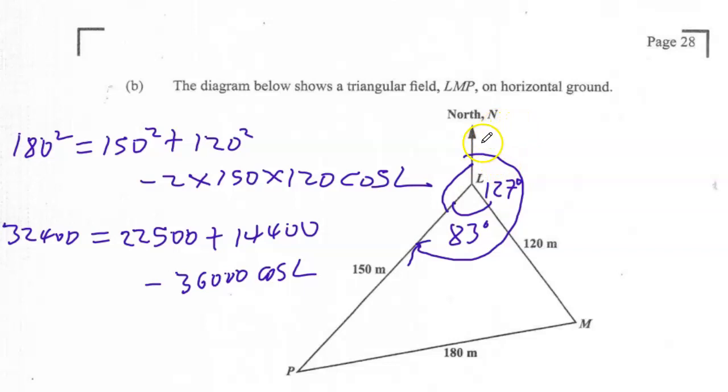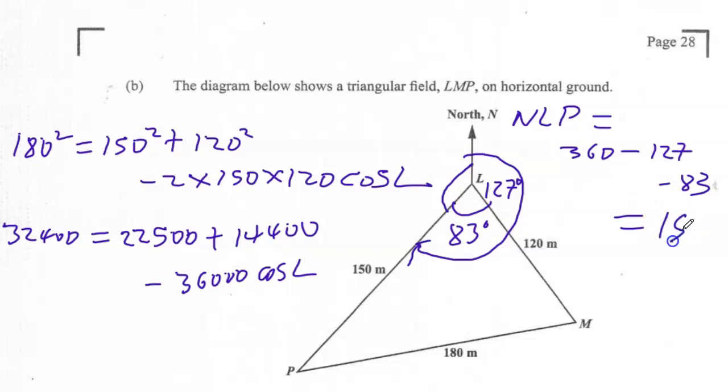So angle NLP will be equal to 360 minus 127 minus 83. That should give us 150 degrees. So this angle is 150 degrees.